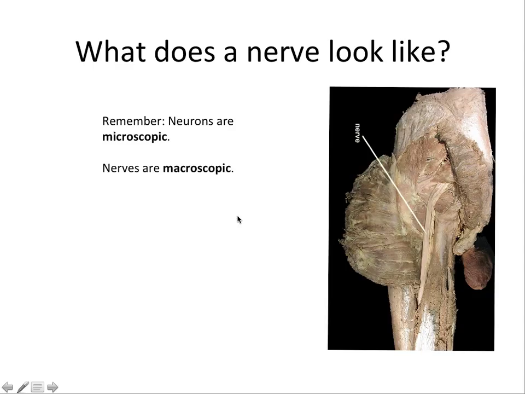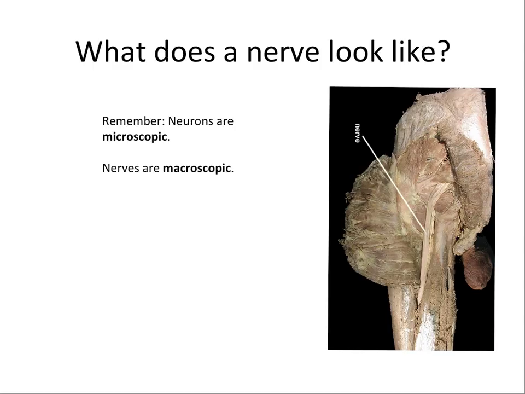The way to differentiate it from something like a tendon is that a tendon will be thick and taut and rigid and will of course be attached to a muscle. But a nerve will not be that way at all. A nerve does not have much tensile strength, so it'll actually be quite floppy, soft to the touch, and quite distensible. So that's the way that you can identify a nerve from a tendon on a body.